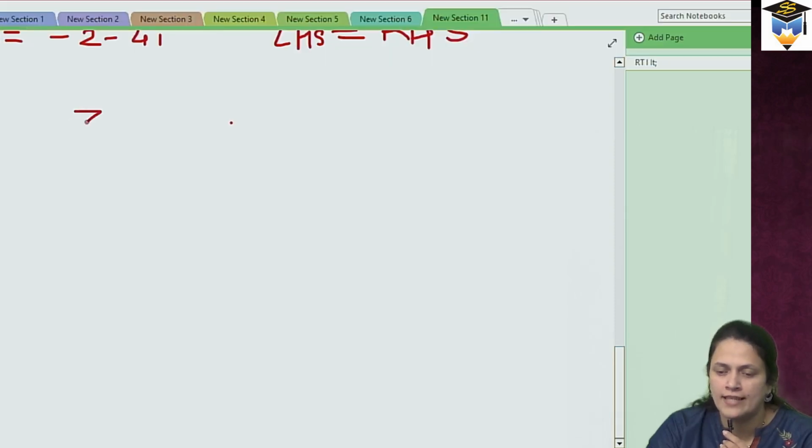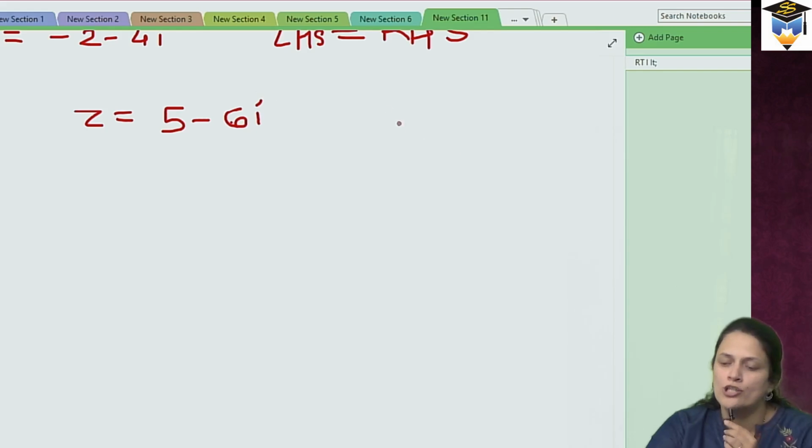So now if my z is 5 minus 6i, can you tell me what is the conjugate of this? What is the conjugate of this complex number? If this is the complex number 5 minus 6i, what is the conjugate of this number? Gargi? 5 plus 6i, that's correct.